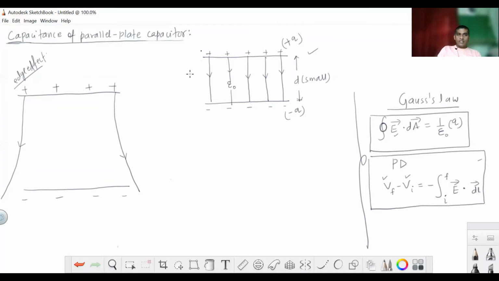So electric field is directed from positive to negative plate, and we can see electric field lines are parallel to each other. Now, electric field between these two plates is constant or uniform. For that reason, electric field lines are equally spaced. So we must note this also. Clear?